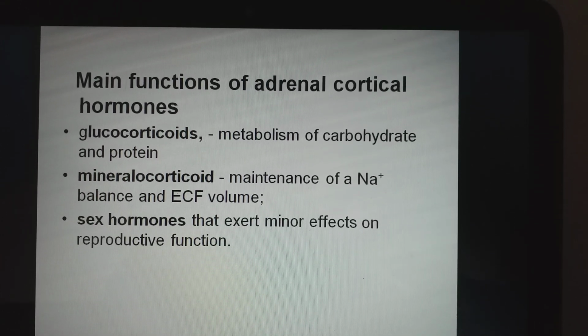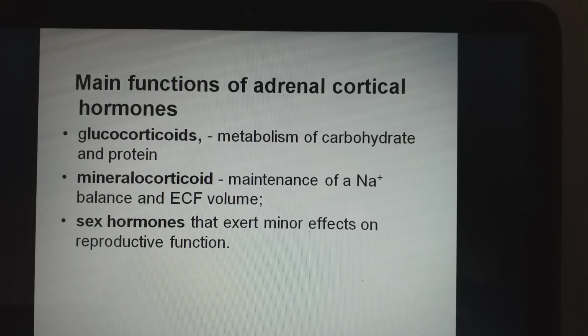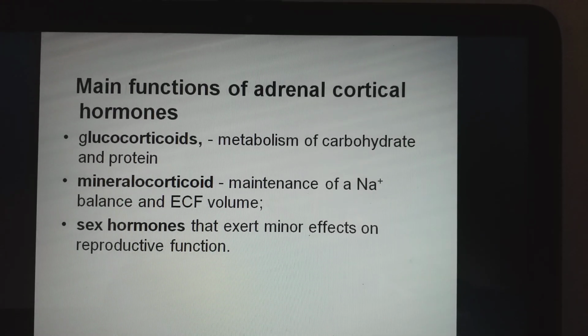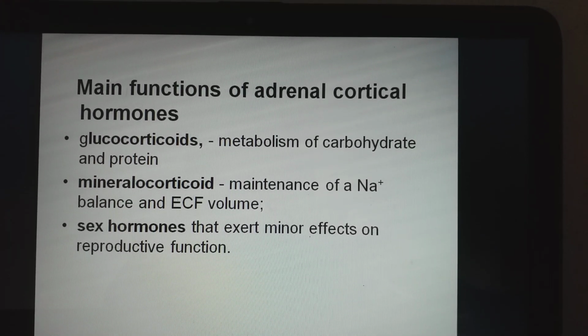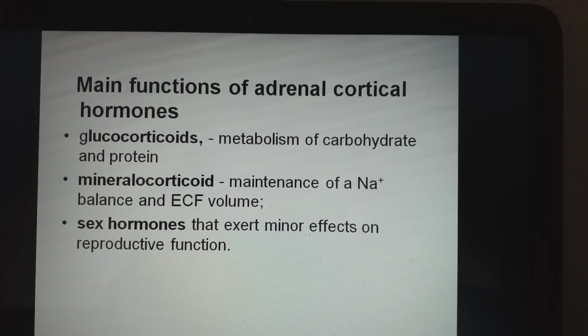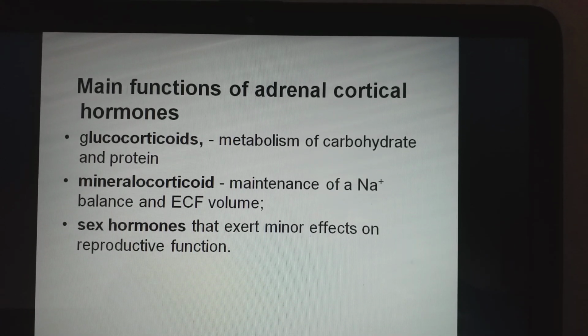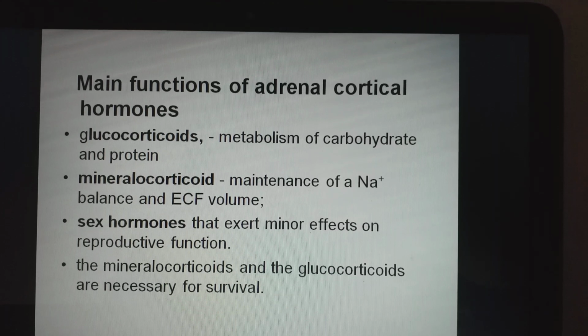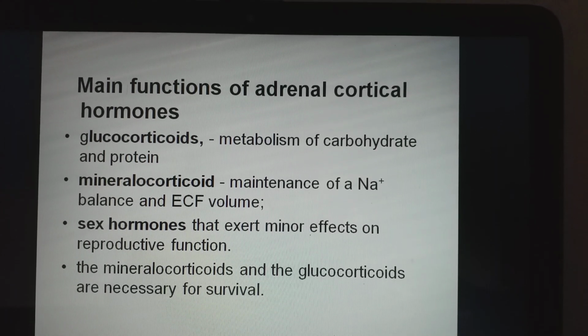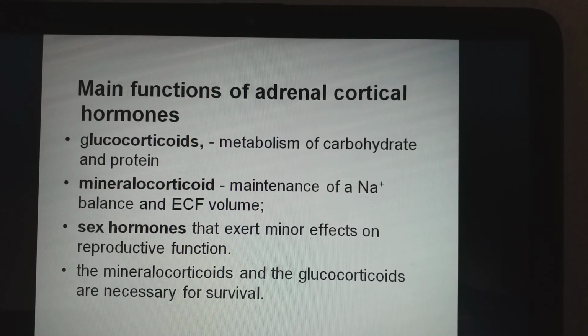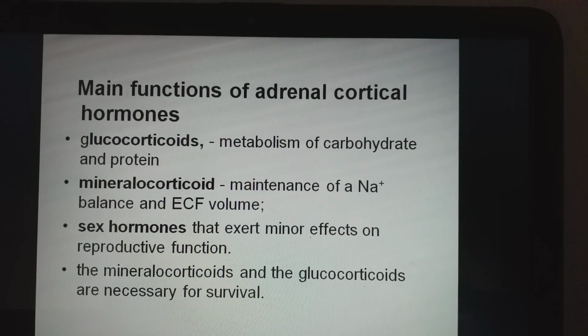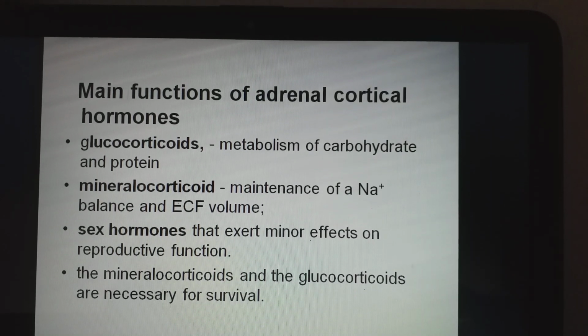The adrenal androgens, however, show minor effects on reproductive functions because the ovaries and testes produce more androgens. The mineralocorticoids and glucocorticoids are really necessary for survival, and we will discuss this later when we discuss the Addisonian crisis.